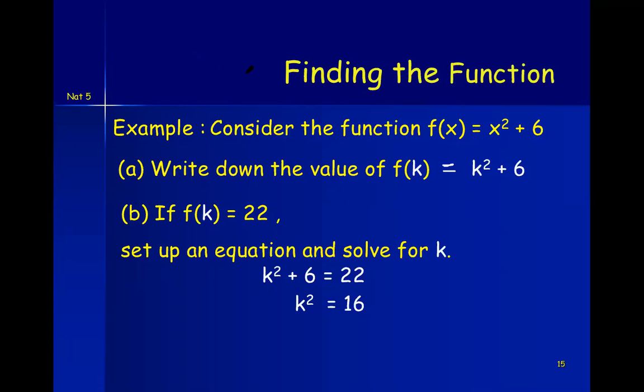But because of the symmetry, you need to give me the same value, but negative, on the other side. So k squared equals 16 has two solutions. The obvious one, plus 4, but then the symmetrical part of 4, which is negative 4, because negative 4 times negative 4 equals 16.